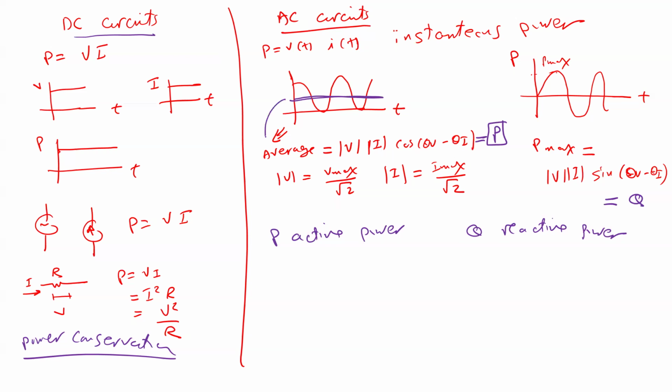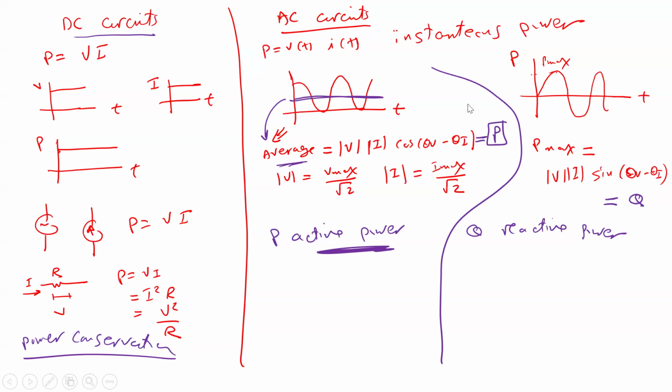V here is V maximum divided by square root of 2, and I is I maximum divided by square root of 2. In the textbook you will find the same formula, but divided by 2, because the way the textbook calculates the magnitude of V, it is only V maximum. That's why they are the same. This component we call active power, and this is the average of the active power.